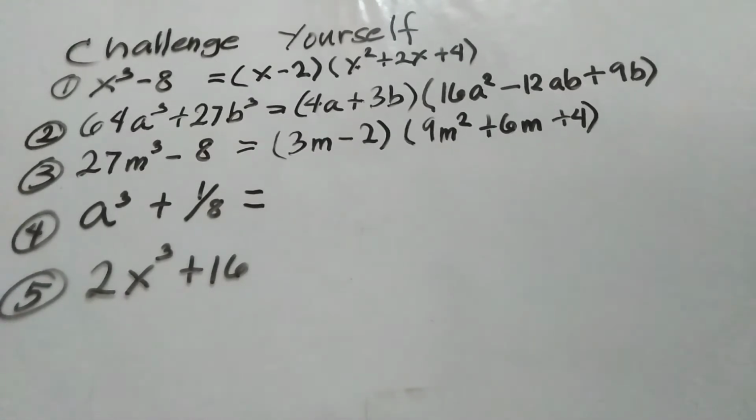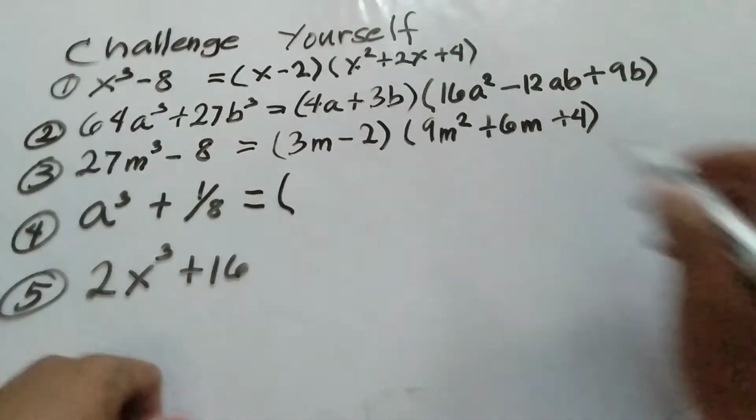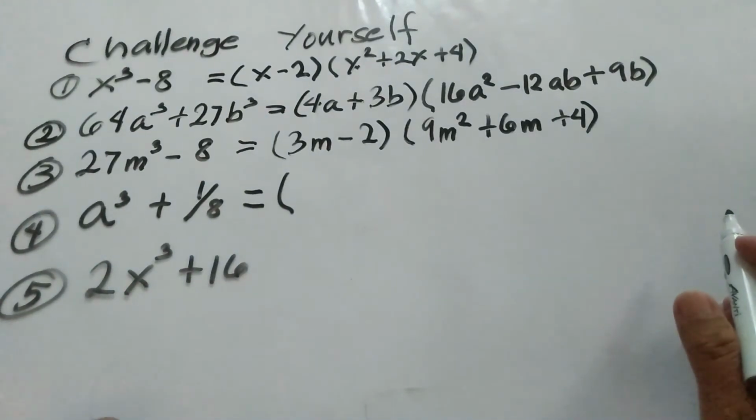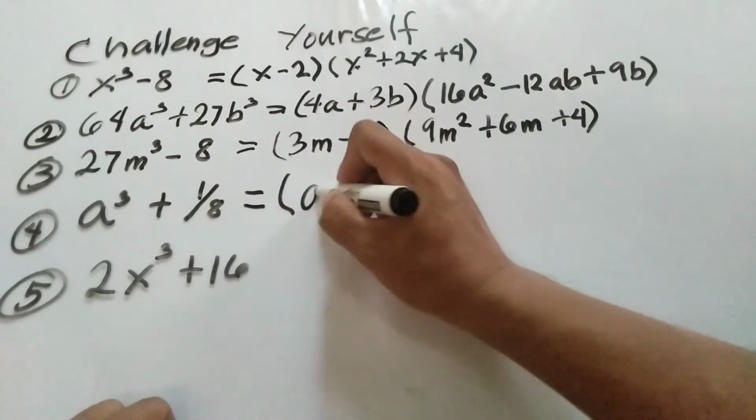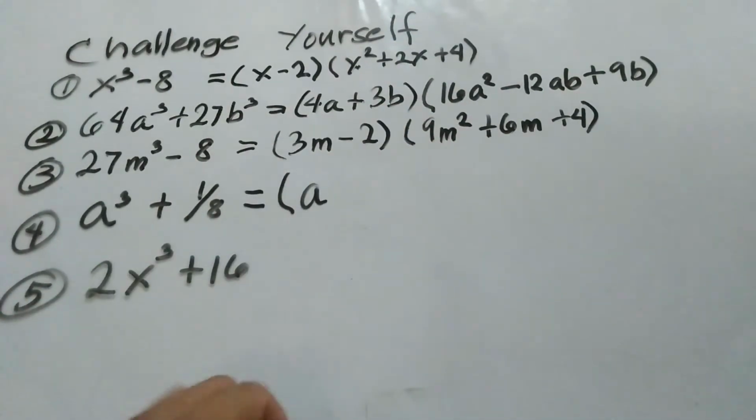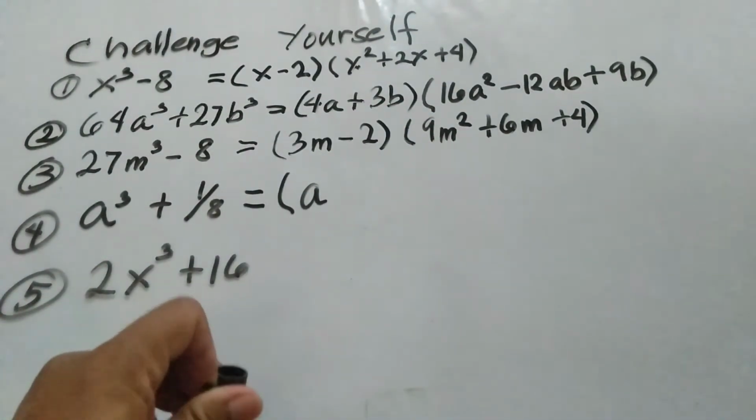Okay? So, for this, we are going to cube root first the first term and cube root the second term. A cube, napakadali. What is cube root of a cube? We have, very good, A. How about 1 over 8? What is the cube root of 1 over 8?